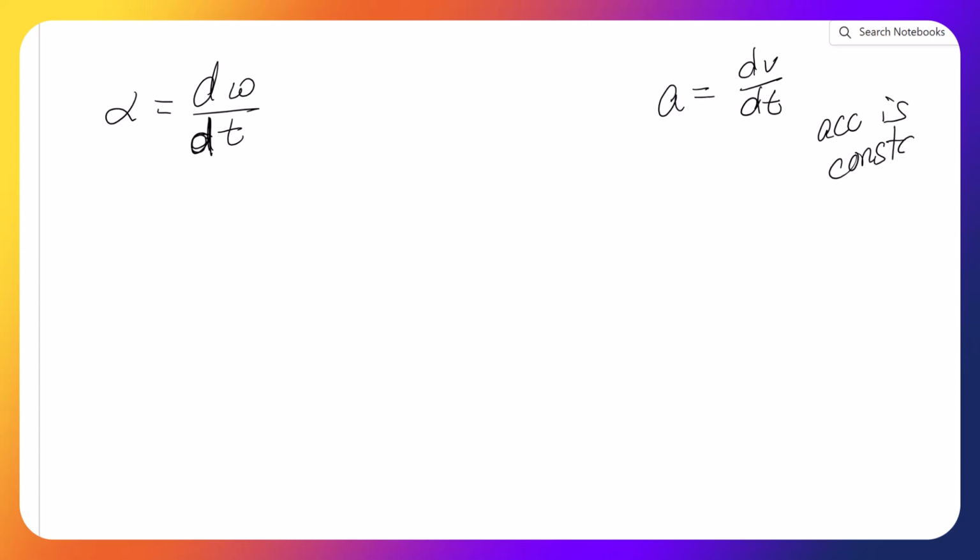Okay, so we know that angular acceleration is d omega dt. A long time ago, weeks ago at this point, we had a similar equation, a equals dv dt, and we made an assumption: let's pretend acceleration is constant, because a lot of times, like gravity, it is. So let's assume angular acceleration is constant.